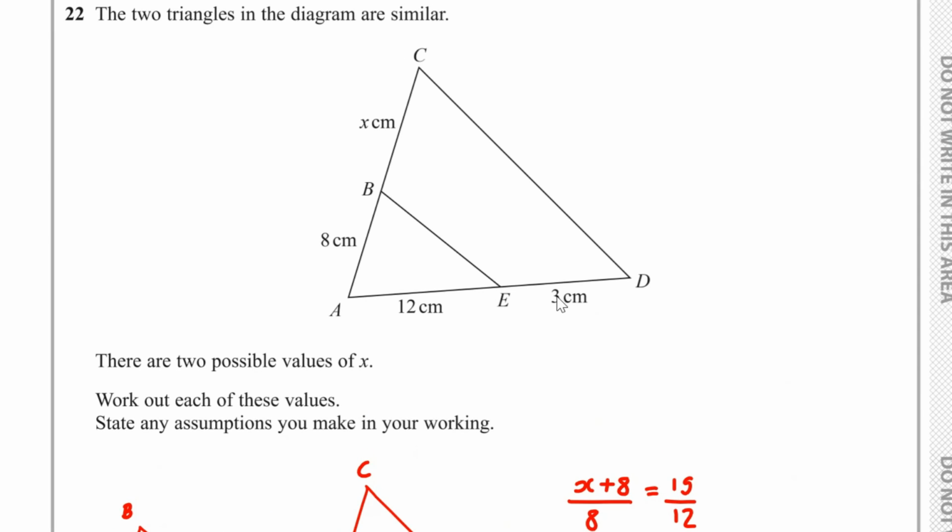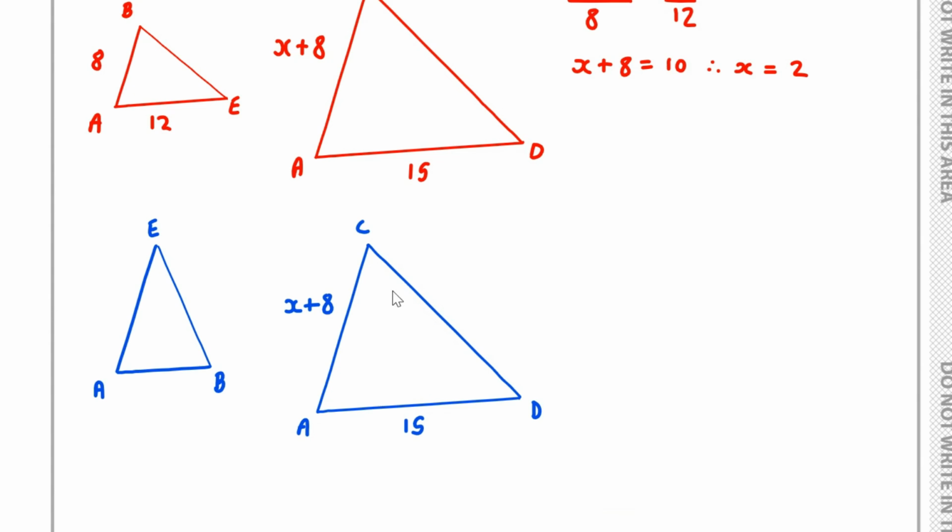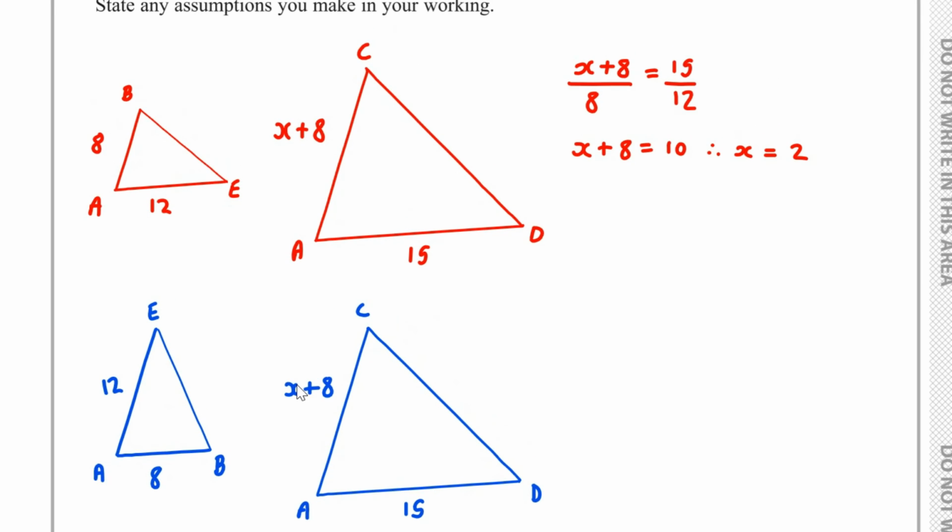The second situation is where we swap B and E. So the second situation is this, and this time we have AB, which is 8 over here, so we're just swapping the positions, and then we've got 12 over here. And this time when we talk about the similarity, we're saying x plus 8 over the 12 equals 15 over 8.